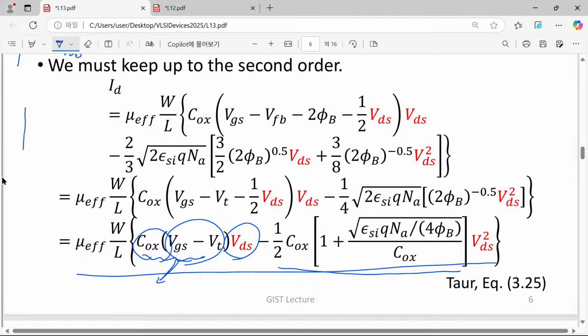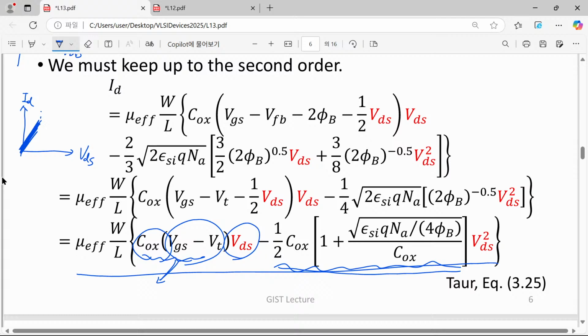Simply speaking, if I roughly draw this ID as a function of VDS, the first term will give you just a straight line. When we have a relatively low VDS, of course this second order term can be neglected and we will have just a straight line.